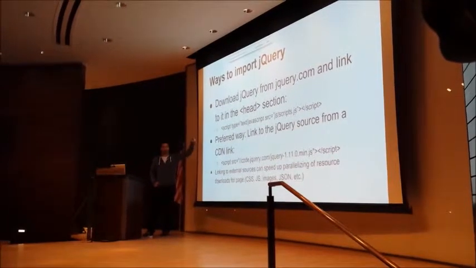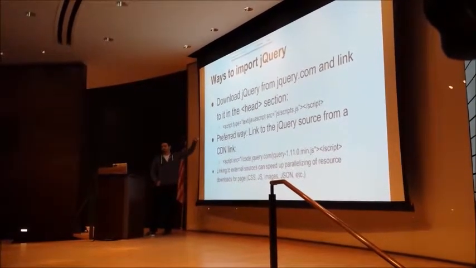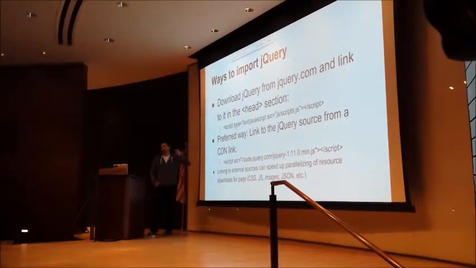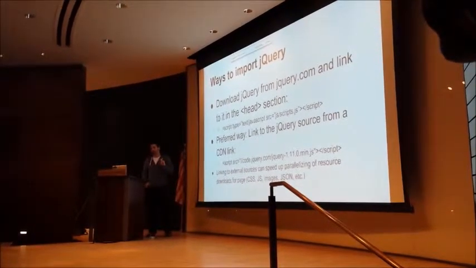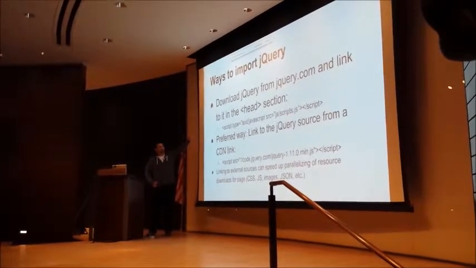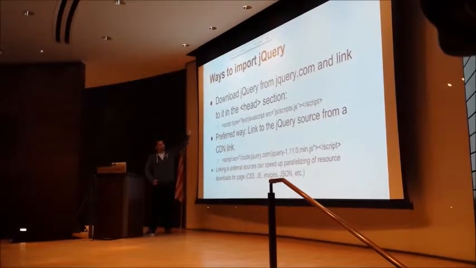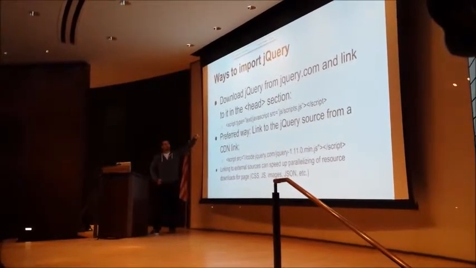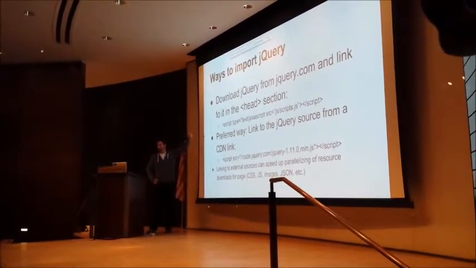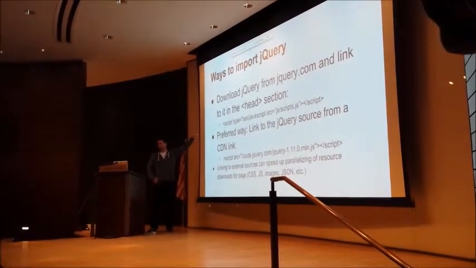So when your page is going down your list of files that you need to import in the head of your document, it will load each one by one. It can only have 2 connections open to a specific server at a time. Let's say you have 4 resources you need to download. The first 2 will be downloaded. If the third one is on the same server, then it won't be able to connect until one of those first 2 is finished.